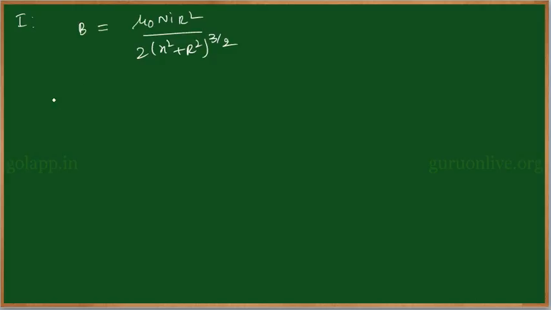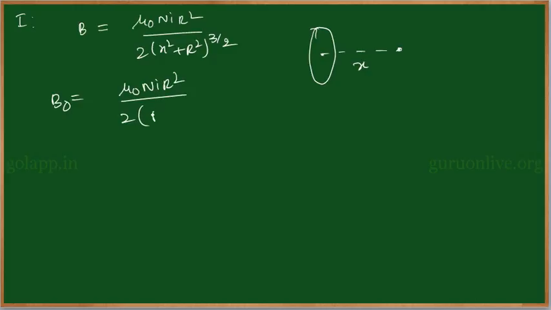So here for B naught, look at the figure. Here the point lies some x distance from the center of the coil. If the point is brought to here, the x value becomes 0. So if you put 0 for this x, you will get mu naught Ni r square by 2 into r square whole to the power of 3 by 2.